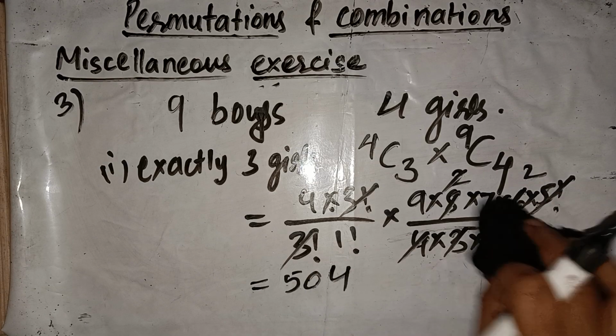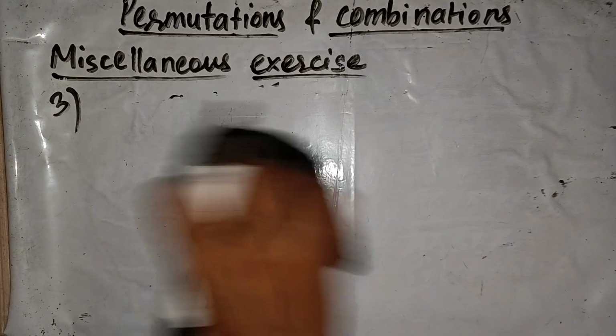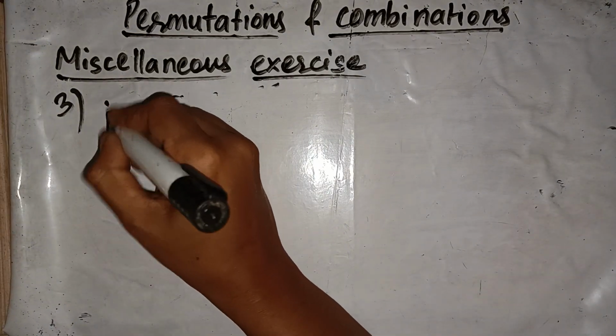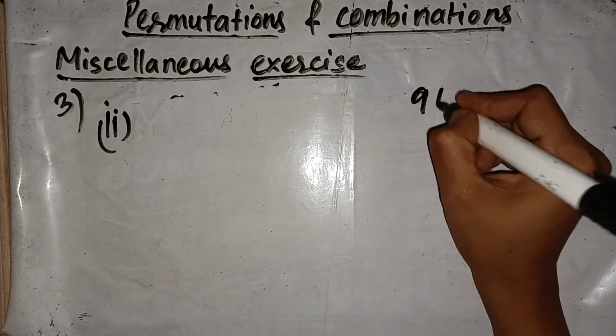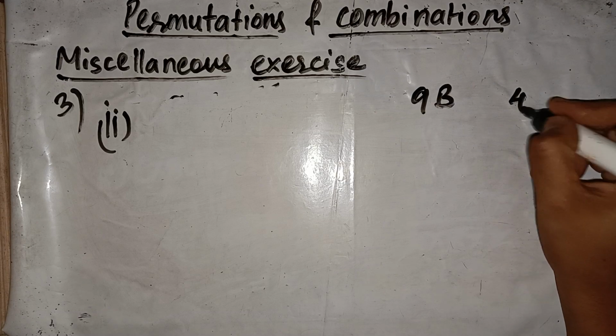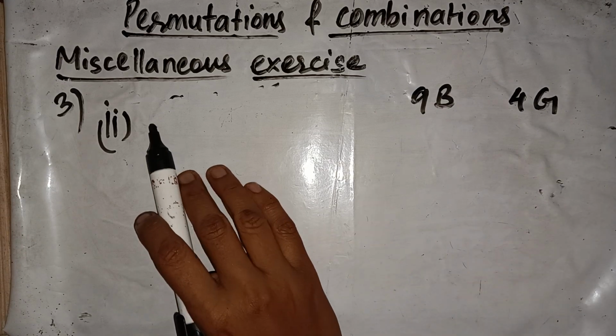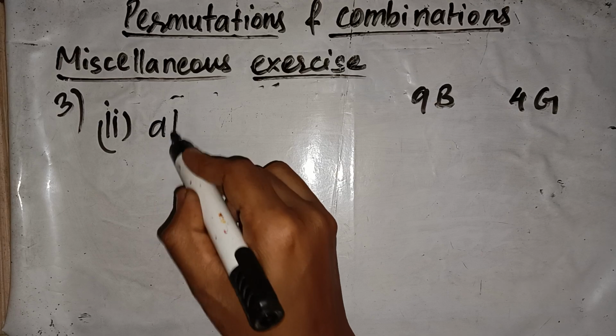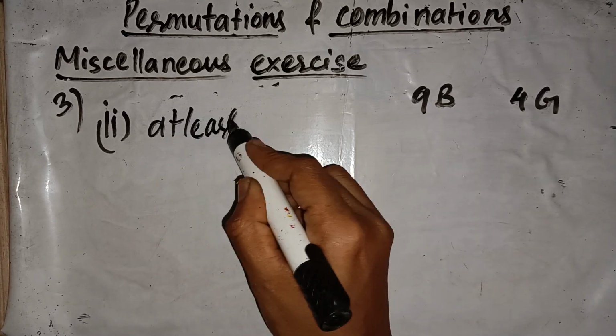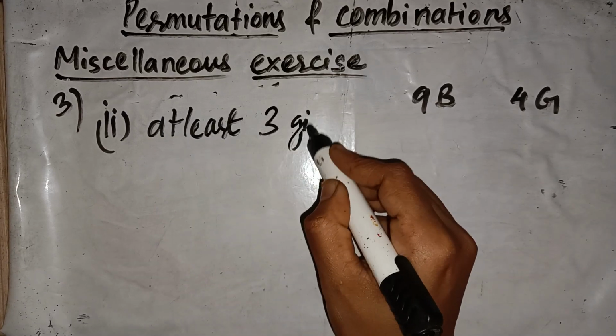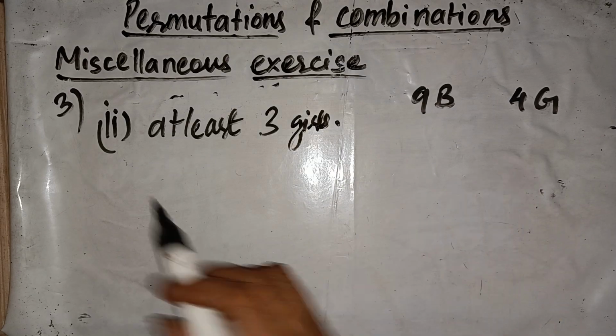Okay. Next thing which is given is at least 3 girls. So more than 3 can be taken. So start with 3.